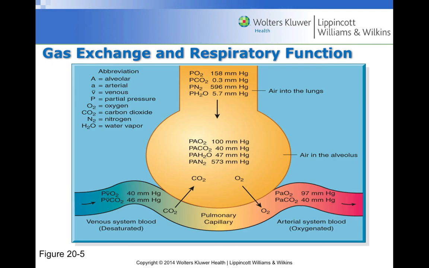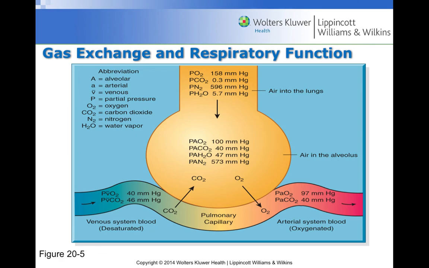Here we go over gas exchange and respiratory function. I don't want you to try to memorize this chart, but it does give you a better illustration of what is explained in the text as far as your O2 and your CO2 and how they enter and leave the body.